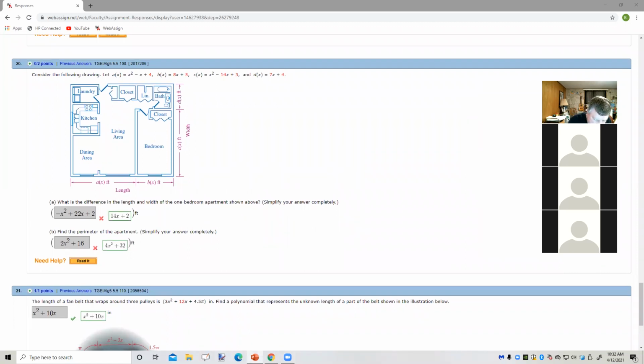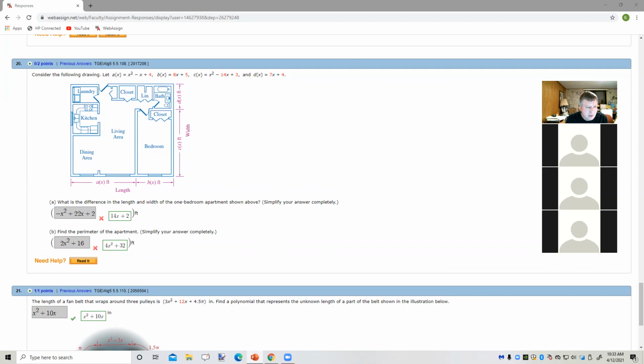So it says, consider the following drawing. So you've got A of X, B of X, C of X, and D of X. And then it tells you what they are supposed to be. It says, what is the difference in the length and width of the one-bedroom apartment shown? Okay, so they want the whole thing.